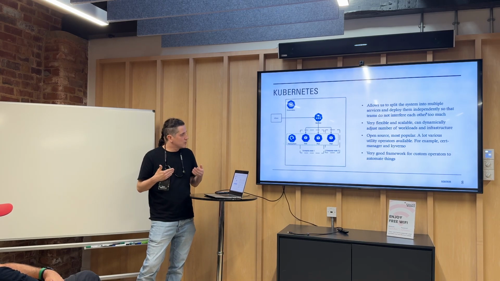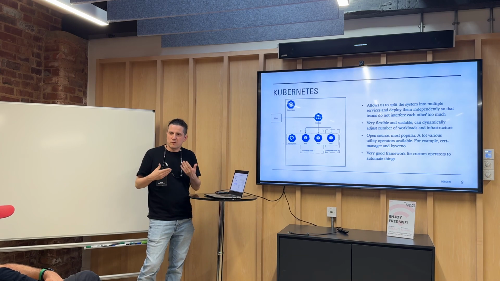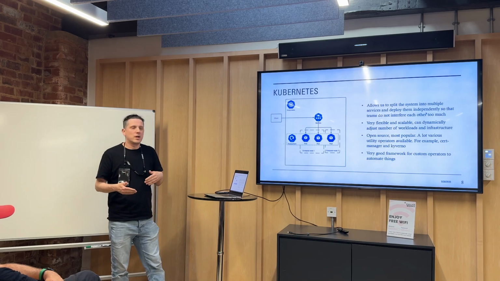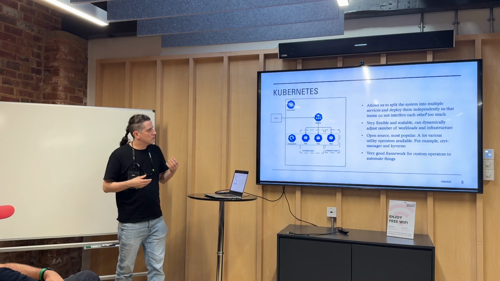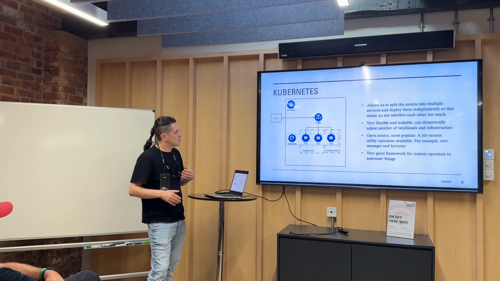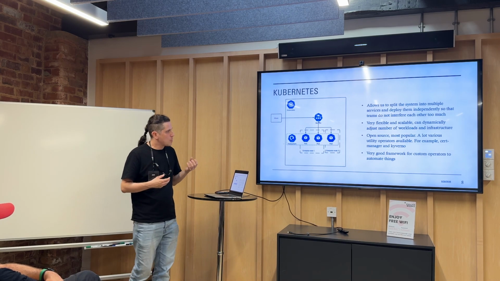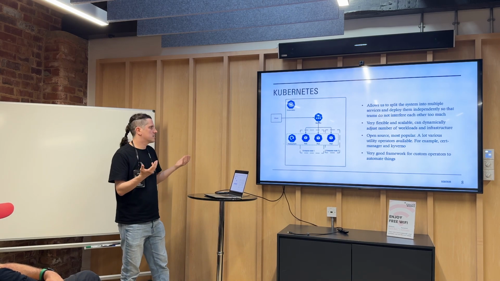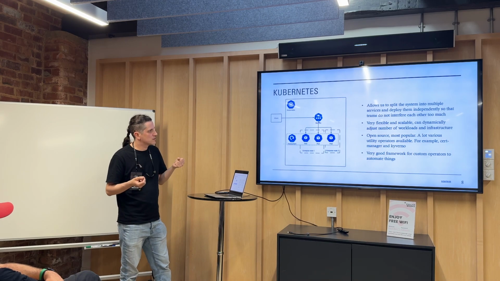On top of that, the deployment keeps your application alive. So for example, when one of the pods goes down, it will restart it. And you have objects like services, which basically work as an internal load balancer. It's called service discovery, what Kubernetes does.